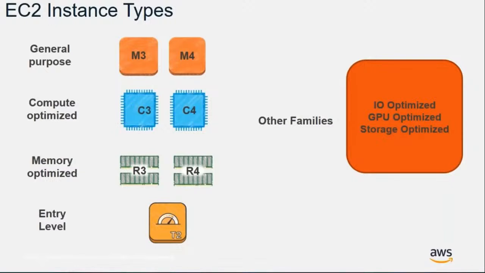These have a good balance between the CPU and the RAM, and give a good combination for workloads which have an equal requirement for CPU and RAM. We have machines which are optimized for CPU, which means they have a high CPU to RAM ratio.